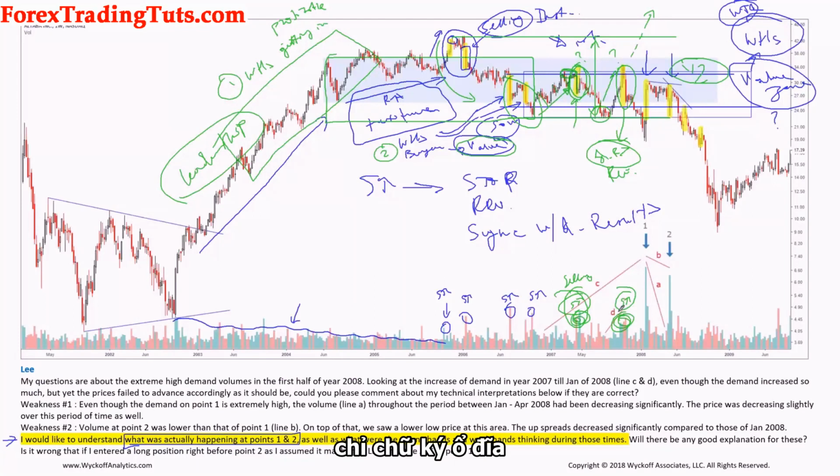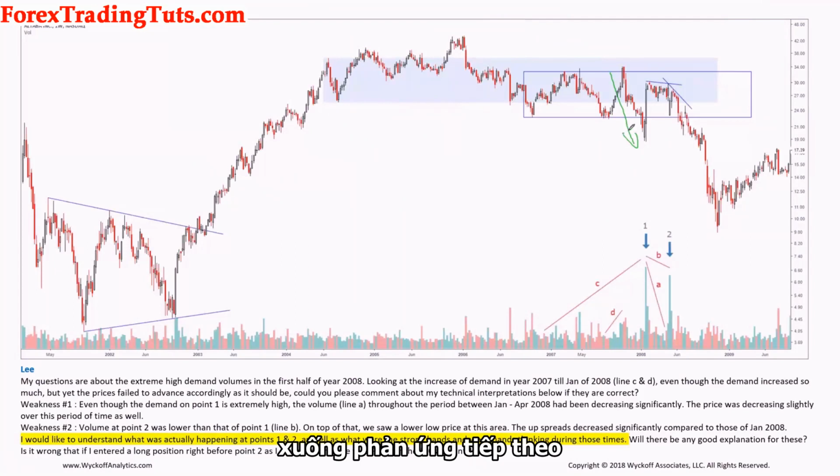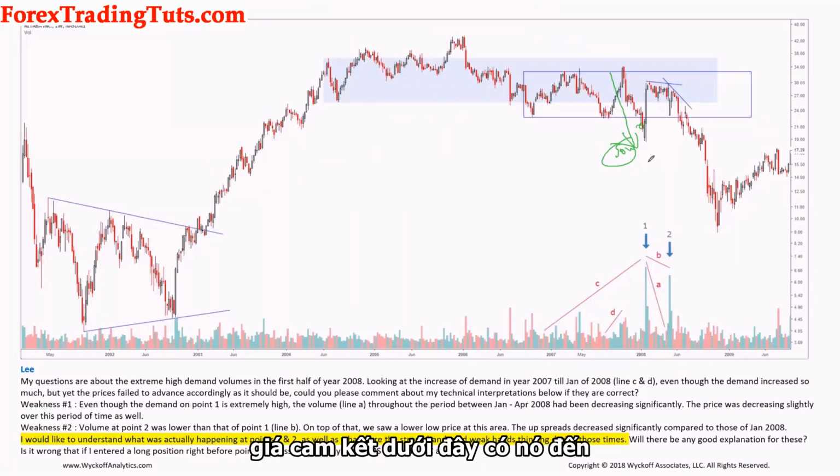Usually big institutions will produce this type of signature. So therefore, we are thinking about confirmation of this bias. And as we go down on the next reaction, we're seeing a sign of weakness. The price commits below.